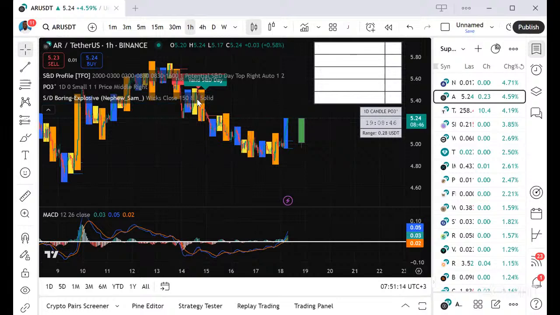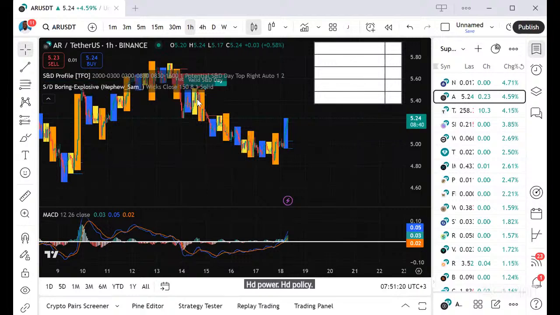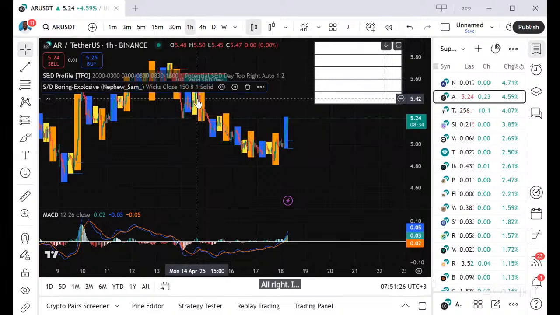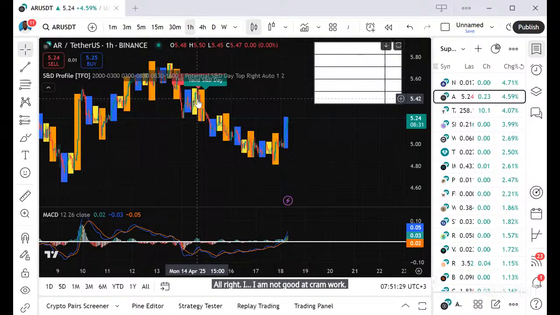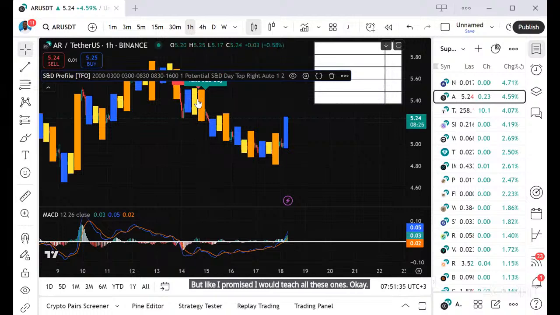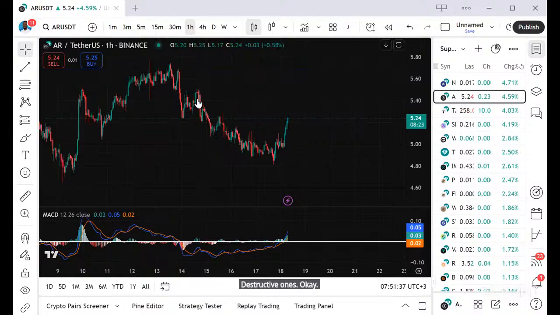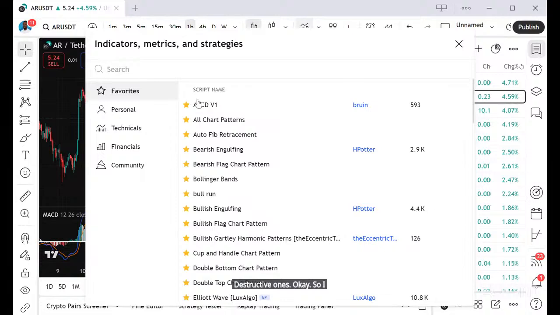The HT power 3. I am not good at cram work, but like I promised, I'll teach all these ones. Okay, these are destructive ones. So I think it's the HT power of 3.